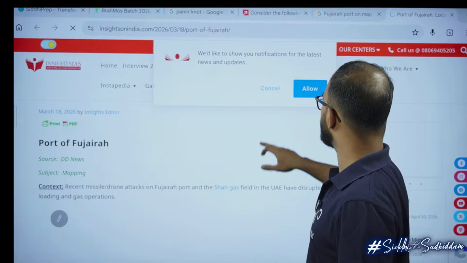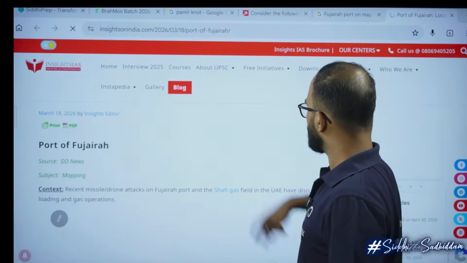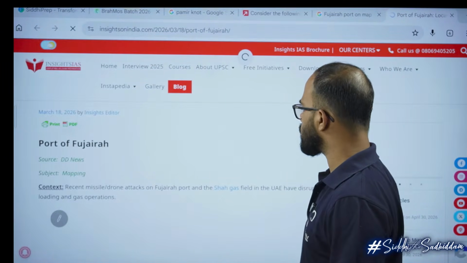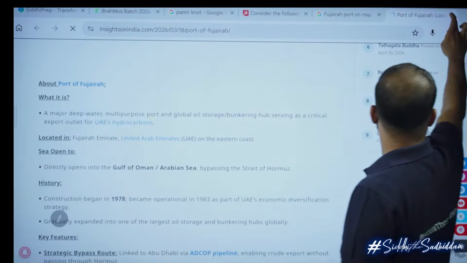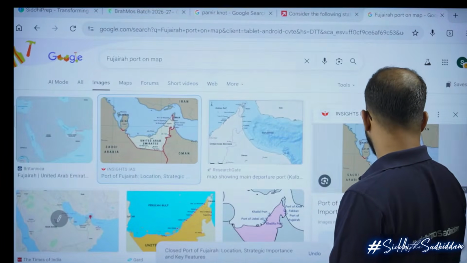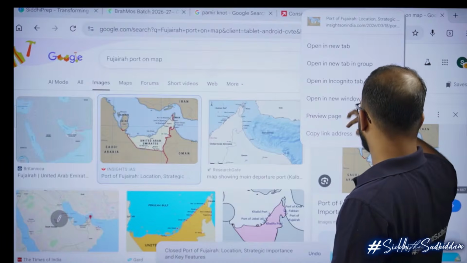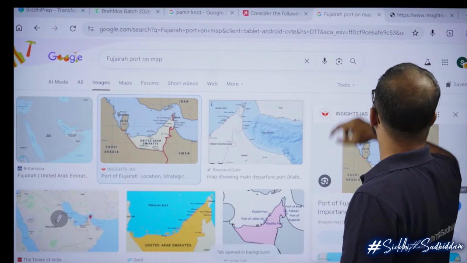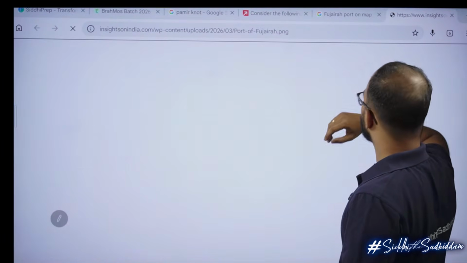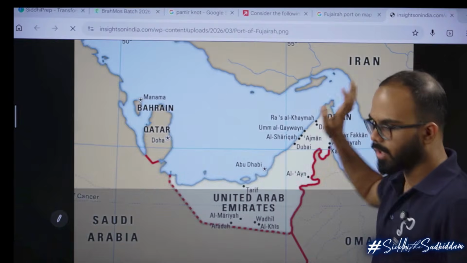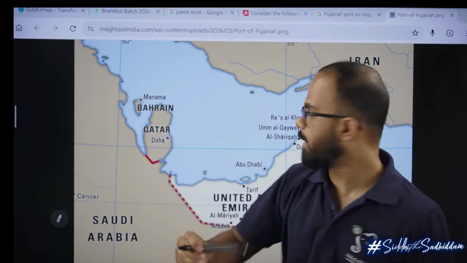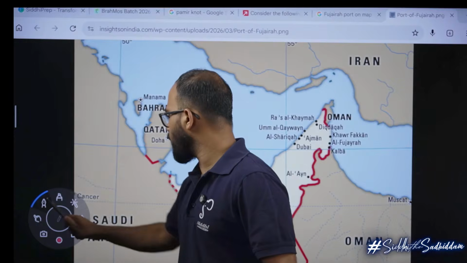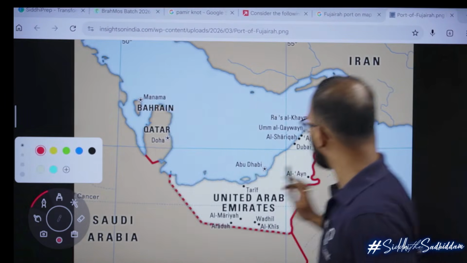What happened to the image? I opened this only for the image. Where is the image? Okay, I'll pick some other image, or open the image in a new tab. Oh, okay, nice. Alright, so this is the port that I'm talking about.